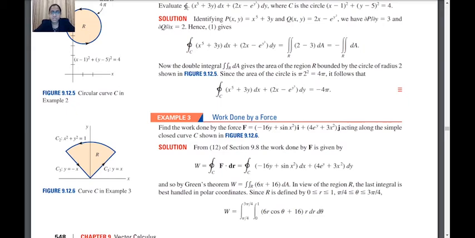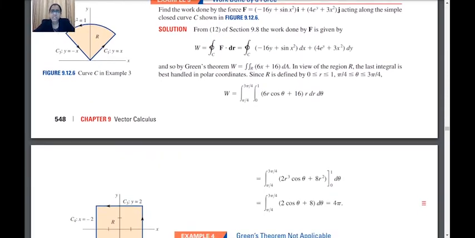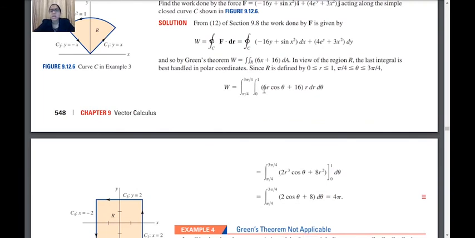So how can we solve this? The integral of 6r square cos theta gives r cube by 3, so that will be 2r cube cos theta, plus r square by 2, so that will become 8r square, varying from 0 to 1.